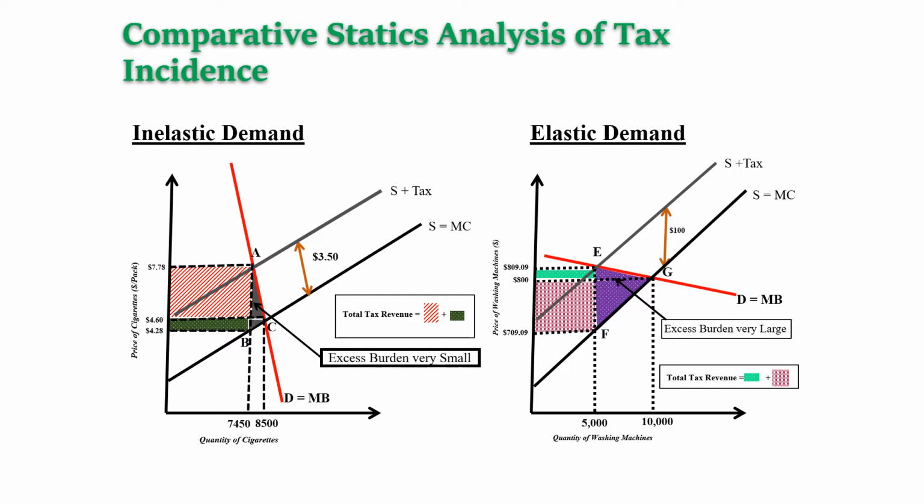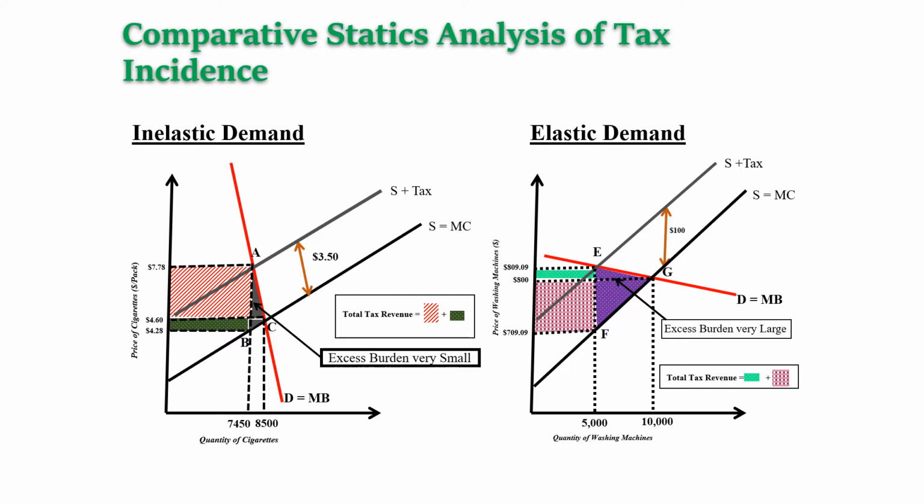Why? Because consumers are not able to run away from the tax. So even if the tax leads to an increase in price, they will still buy the good. So demand hardly changes because of the tax. So the deadweight loss is lower, right?